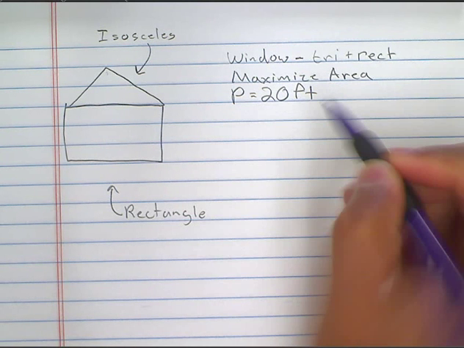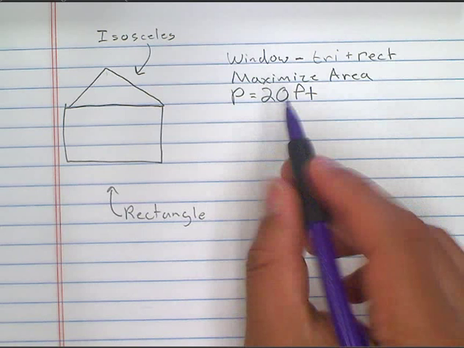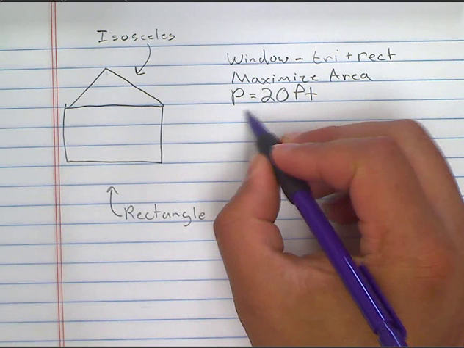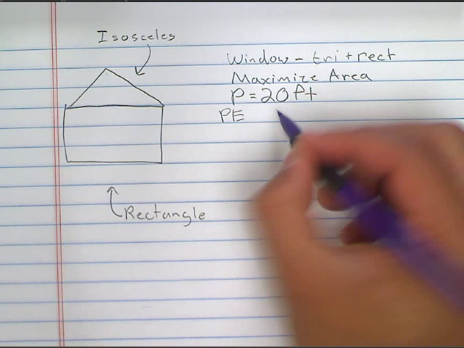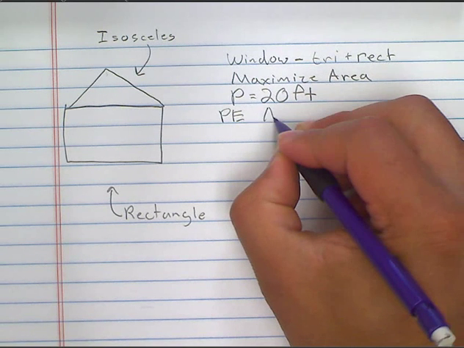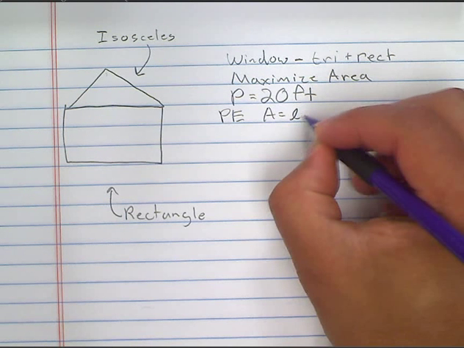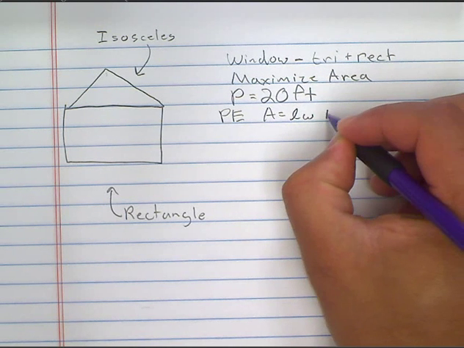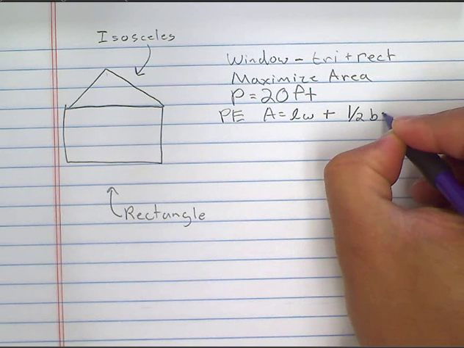All right, so here's where we take off. We know we want to maximize area, so our primary equation is going to be area is equal to, let's just say for general purposes, length times width plus 1/2 base times height.